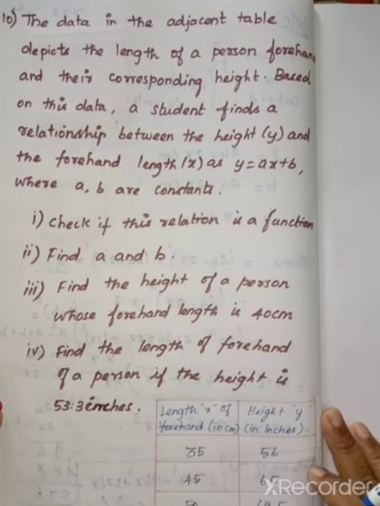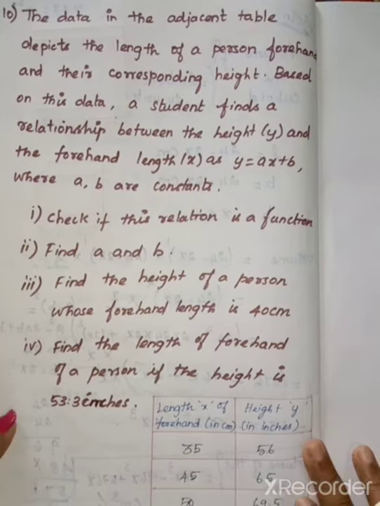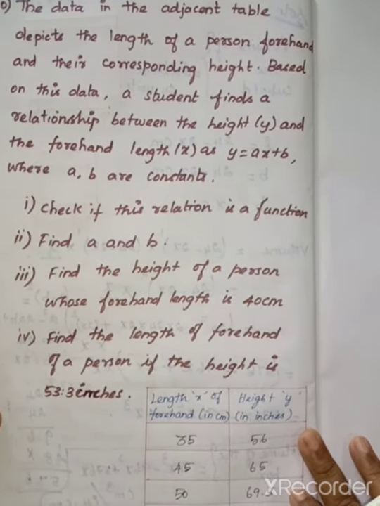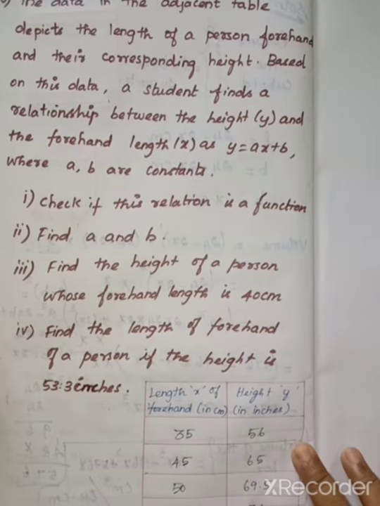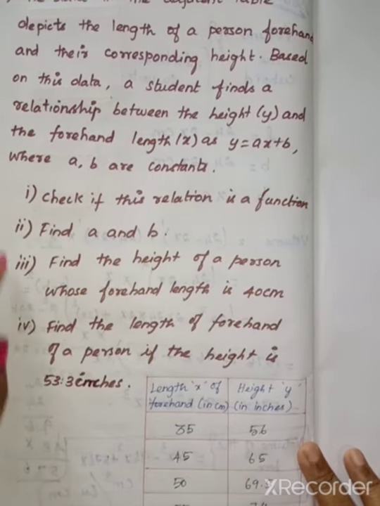10th question. The data in the adjacent table depicts the length of the person's forehead and their corresponding height. Based on this data, a student finds a relationship between the height and the forehead length as y equal to ax plus b, where a, b are constants. Here we want to find the four subdivisions.